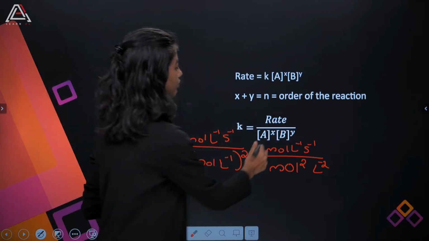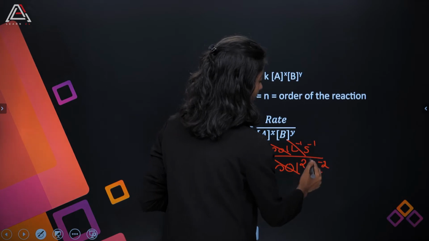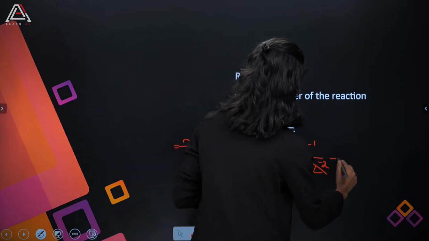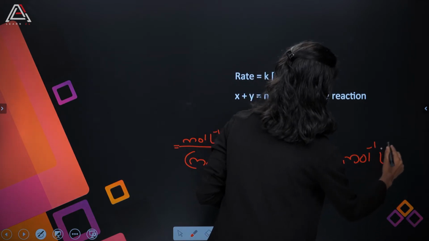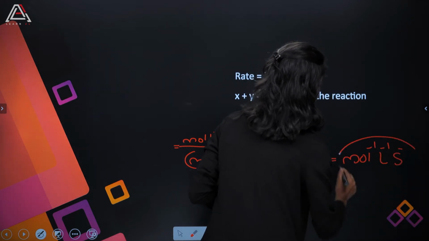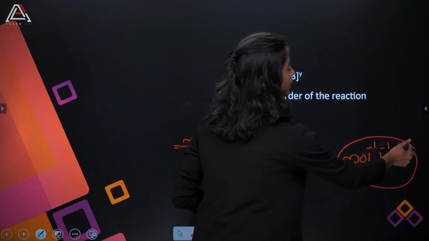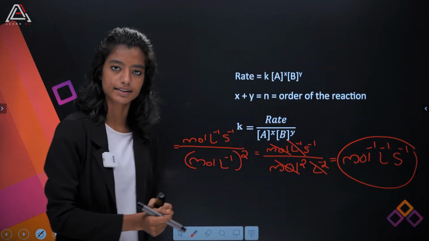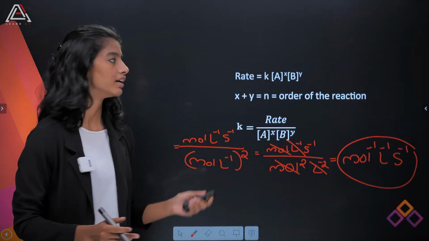Yes. Now the mole over here and mole get cancelled. L raised to minus 1 and L raised to minus 1 will get cancelled. Then the remaining thing is mole inverse, liter inverse and second inverse. This is the unit for second order chemical reaction. Mole inverse, liter inverse and second inverse.